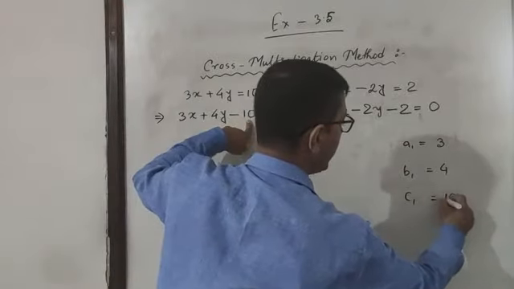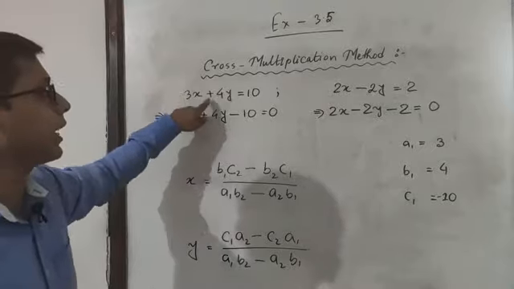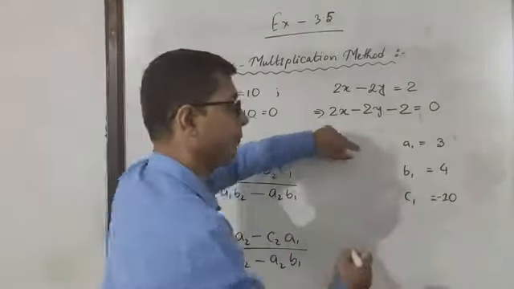If the sign is negative you have to write it; if the sign is positive you need not write the sign. Okay, if it is negative, it has to be mentioned.